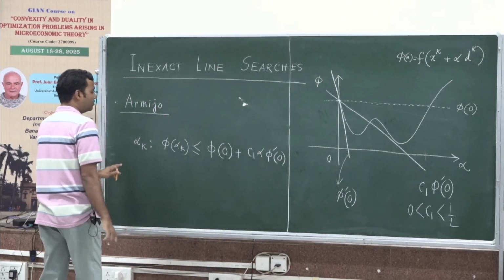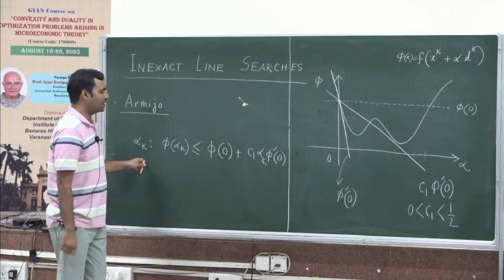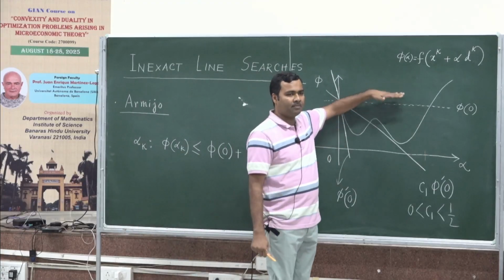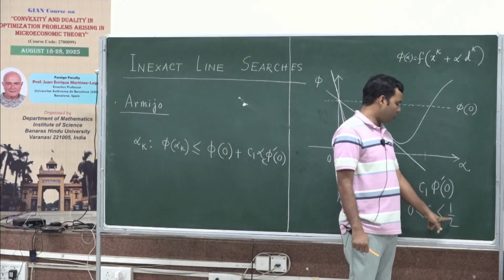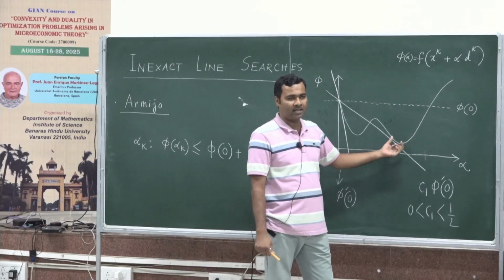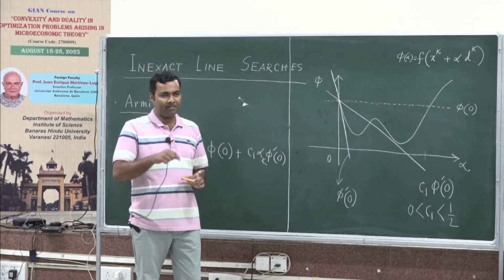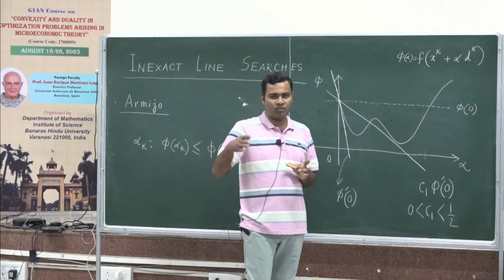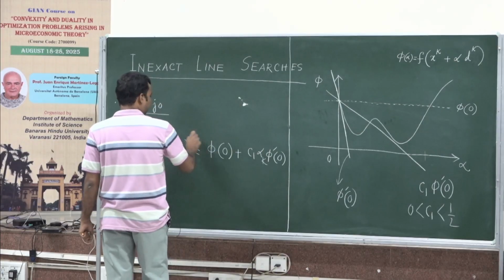If we choose alpha k such that this is true, then obviously the function has sufficient decrement, and as I am considering c1 not to exceed half, my step length is also not going to be very high. Both points are taken care of: the function value decrement is substantial, and the step length is not very aggressive.